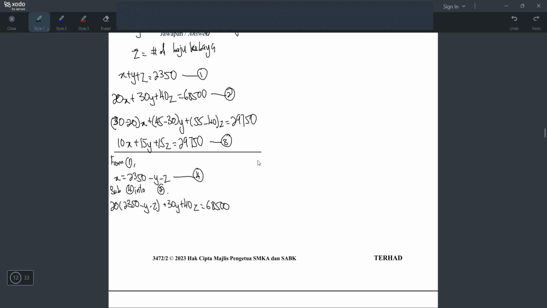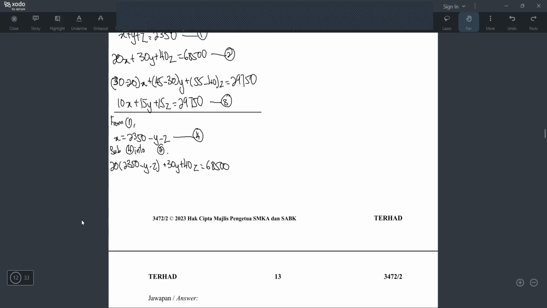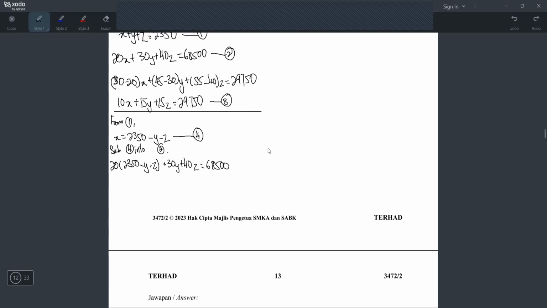And the other side, I will do sub 4 into 3, right? Okay, is there any space down here? Okay, yes. So I think I can write here. So here I write sub 4 into 3. Because 4 actually comes from 1. Equation 4 comes from 1. That's why you have to sub into the others, which are 2 and 3, right? 4 into 2, 4 into 3. Okay, what is equation 3? 10x plus 15y plus 15z, right?